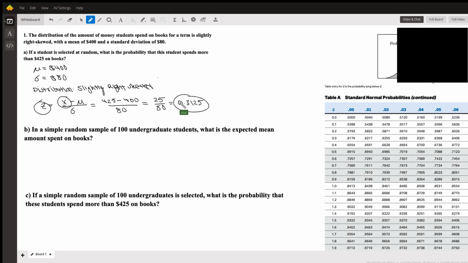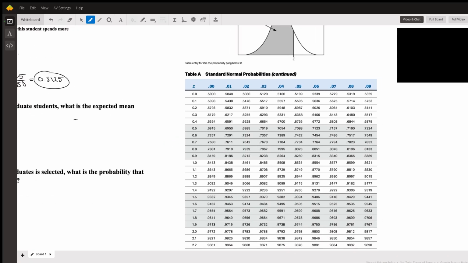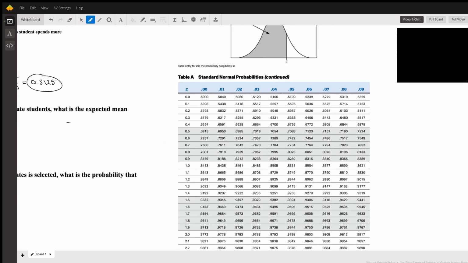All right, so a student that spends exactly $425 has a z-score of 0.3125. Okay, so what do we do with that? Well, we're trying to figure out the probability that this student spends more than that. So let's go over to the standard normal probabilities. This data that I have in the normal distribution displayed on the right is from College Board, so it's on the AP Stats reference sheet.